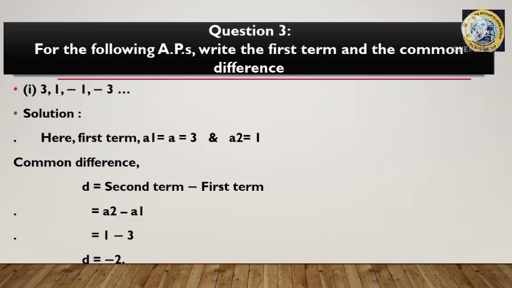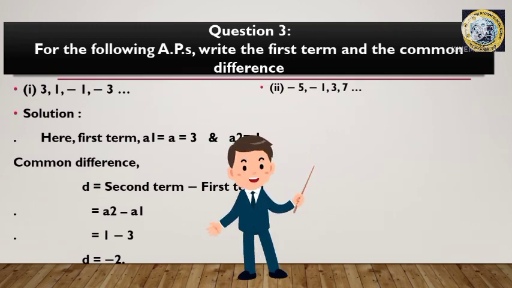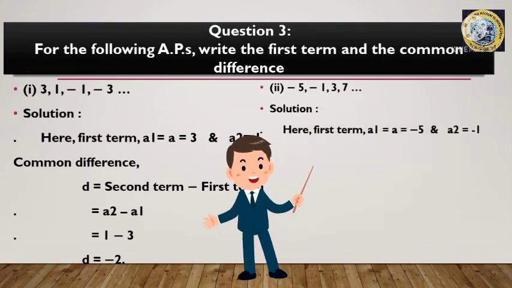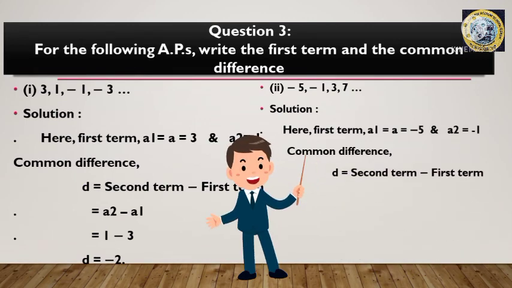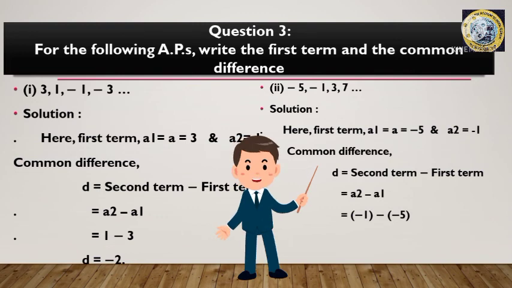Now we take another example from this question: minus 5, minus 1, 3, 7, and so on. Solution. Here, the first term A1, that is A, is equal to minus 5 and A2 is equal to minus 1. The common difference D is equal to the second term minus the first term, that is A2 minus A1.